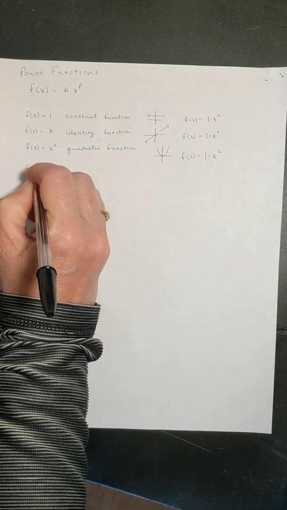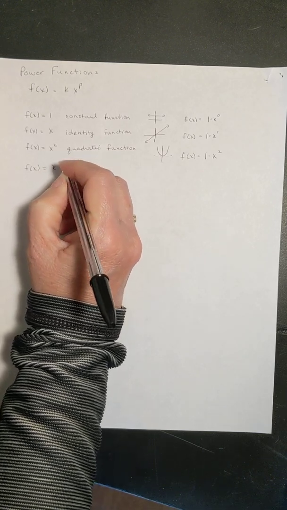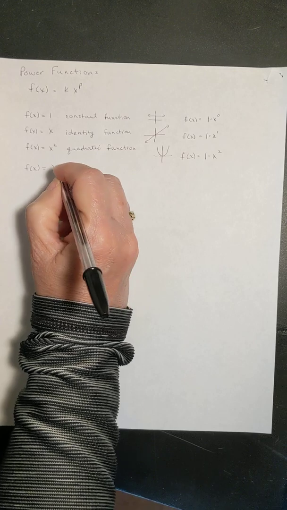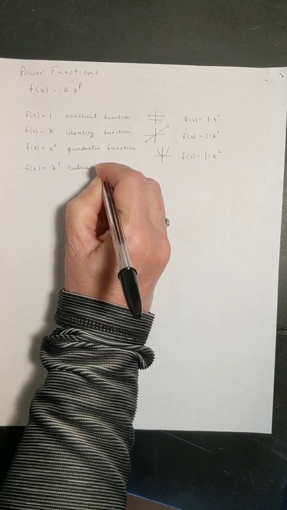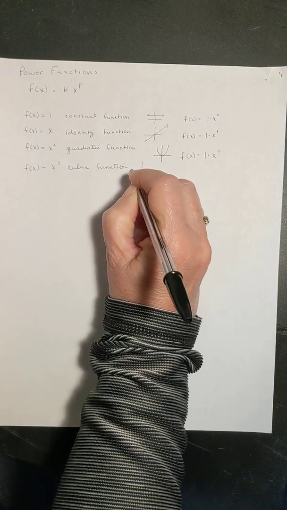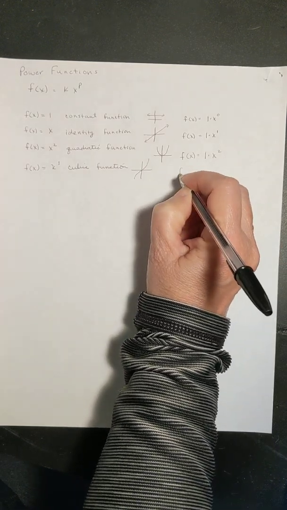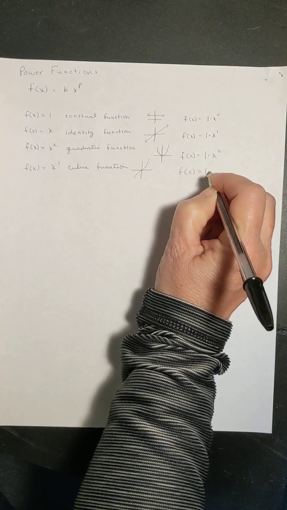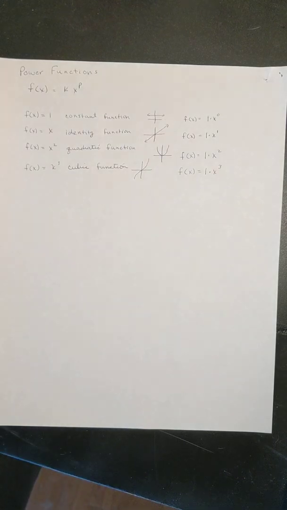Then we have f of x is equal to x cubed, which is the cubic function. And if you recall, it looks like a snake. And it can be written f of x is equal to 1 times x cubed, so my coefficient is 1, and my exponent is 3.